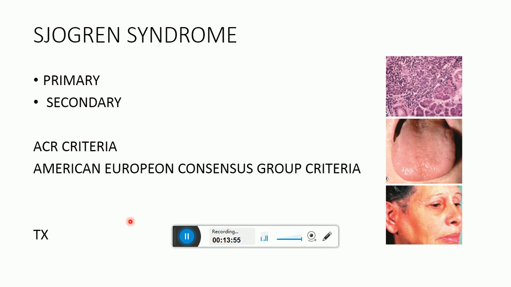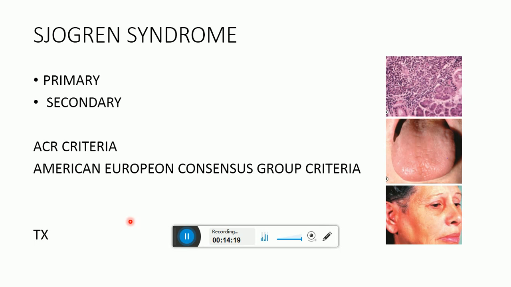One of the important causes is Sjogren syndrome, SS. It is an autoimmune disorder characterized by lymphocytic inflammation and destruction of the lacrimal and salivary glands and other exocrine organs.